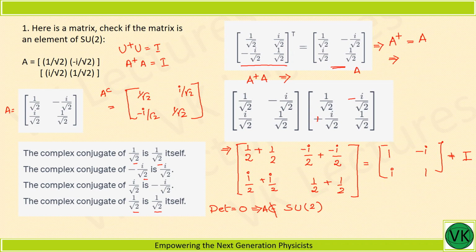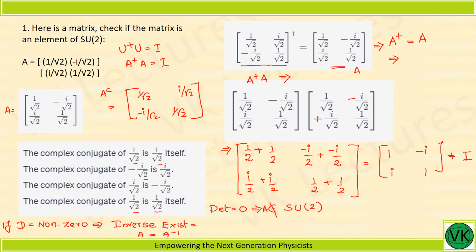Now if the determinant exists and is equal to a non-zero value, which means the inverse exists, there must be an inverse for A, that will be A inverse.